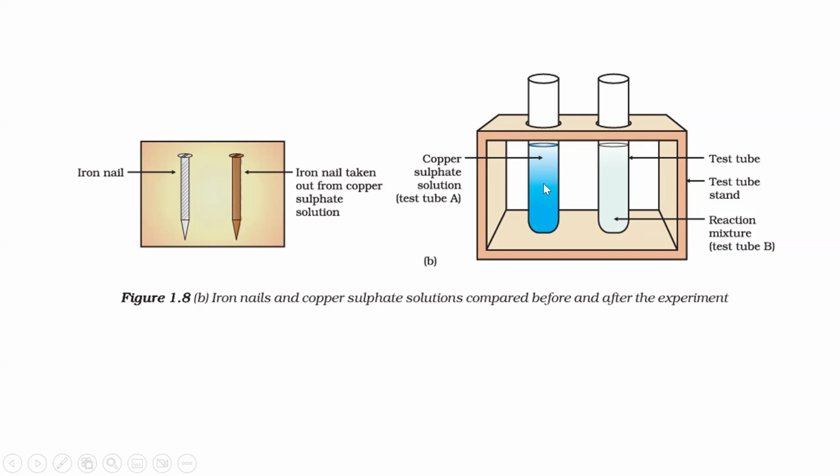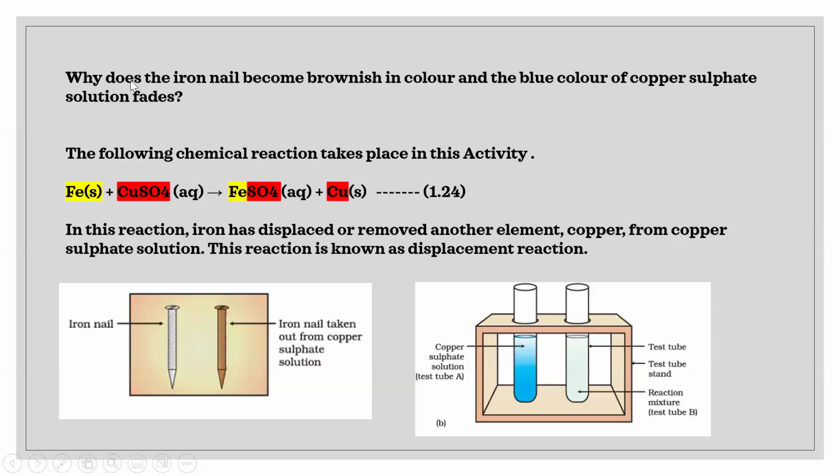Next, here we can see deep blue color, right? So the color of copper sulfate is deep blue, whereas the color of iron sulfate is light green. So here the blue color fades. See here, why does the iron nail become brownish in color and the blue color of copper sulfate solution fades?